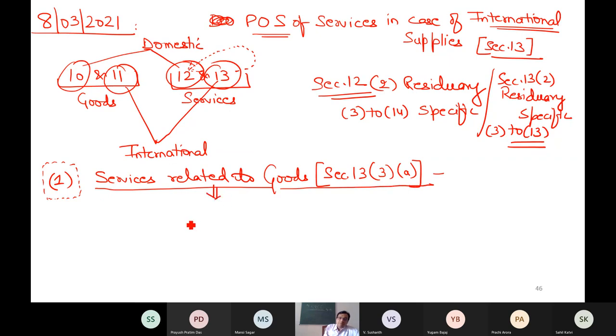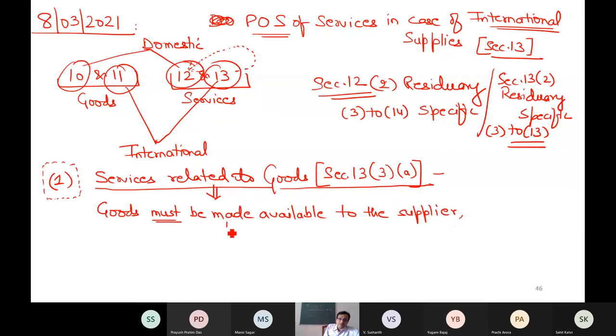In this case, it is that service where goods must be made available to the supplier, it's compulsory. If you cannot make the goods available to the supplier, don't read this clause. And yes, if this is the case, then the place of supply is the place where the services are actually performed.